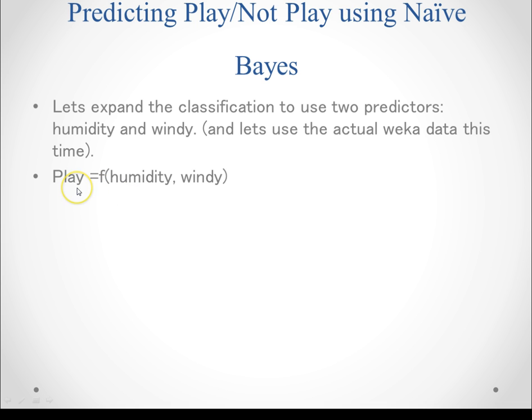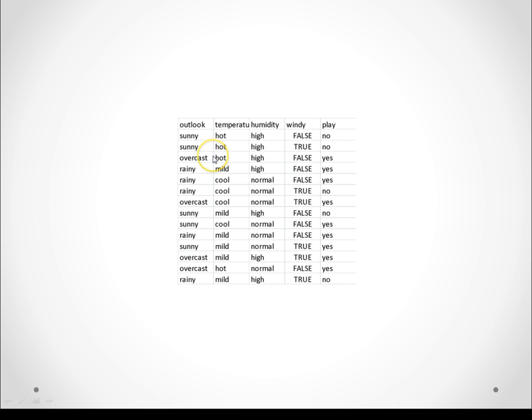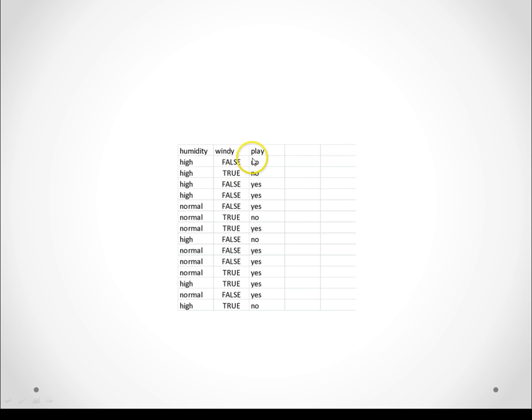So we're going to try and predict play as a function of humidity and windy. This is the actual data from Weka: sunny, hot, high, false, no. We're just going to use part of it, these 2 to predict play.